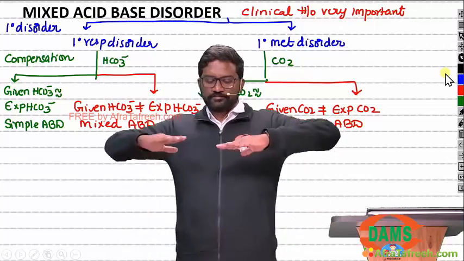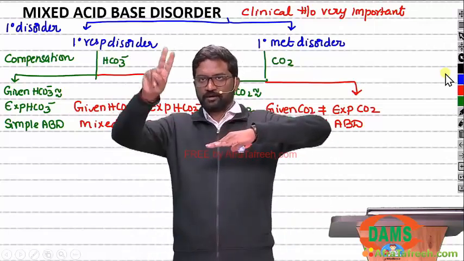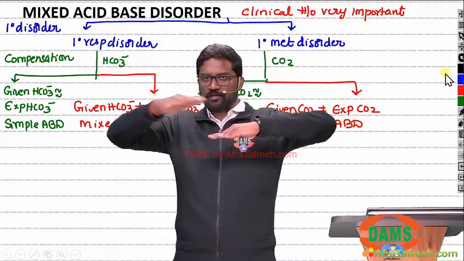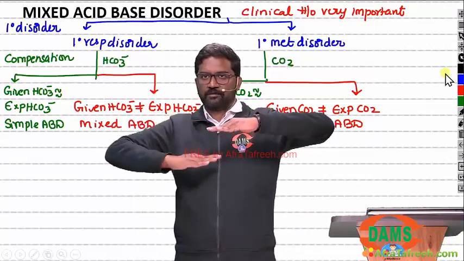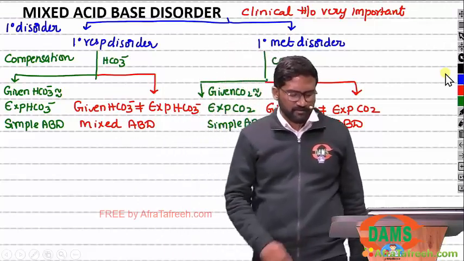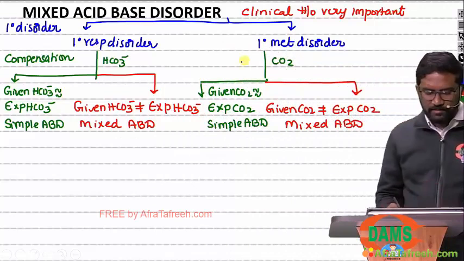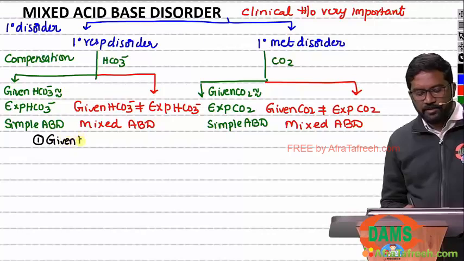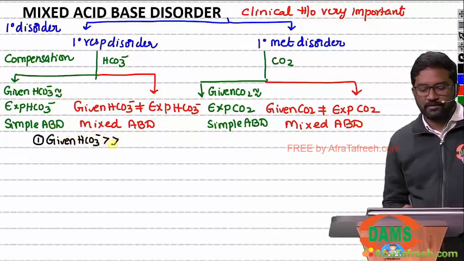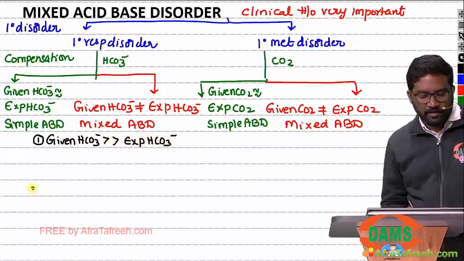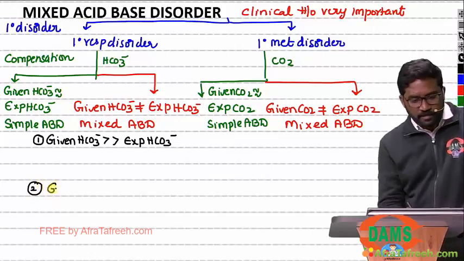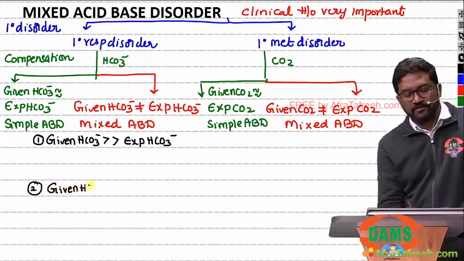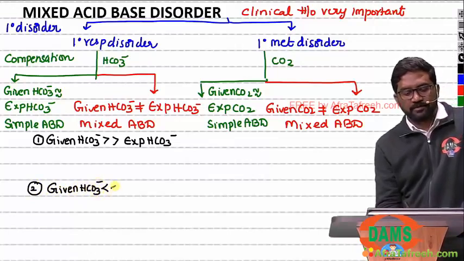Now mathematically, if given and expected are not correlating, there can be two possibilities: either given is very much higher than expected, or given is very much lower than expected. Possibility 1, given bicarbonate in the patient's body or in the question is very much higher than expected bicarbonate. Possibility 2, given bicarbonate in the patient's body is very much less than expected bicarbonate.